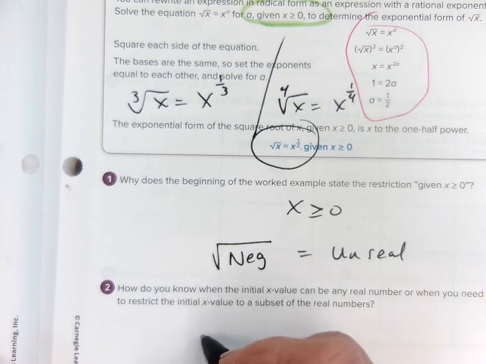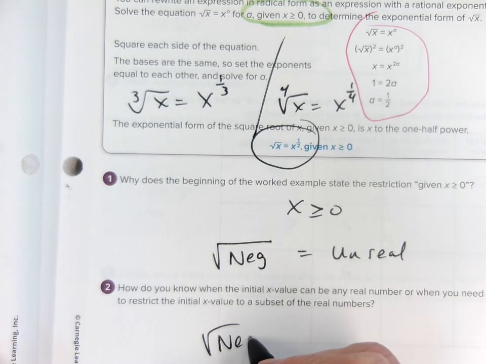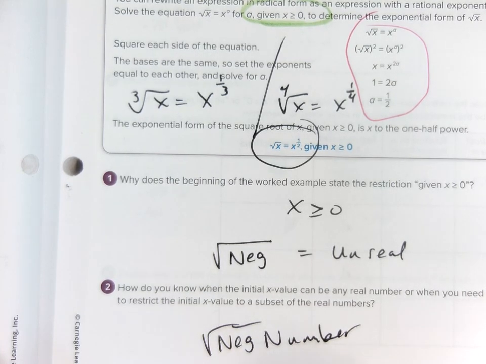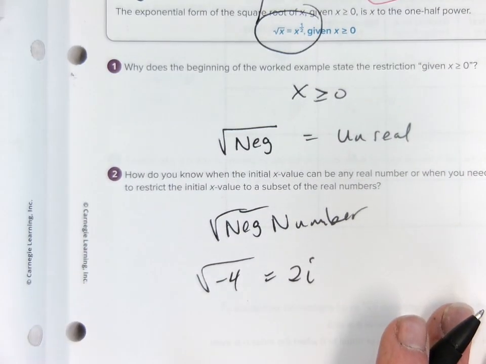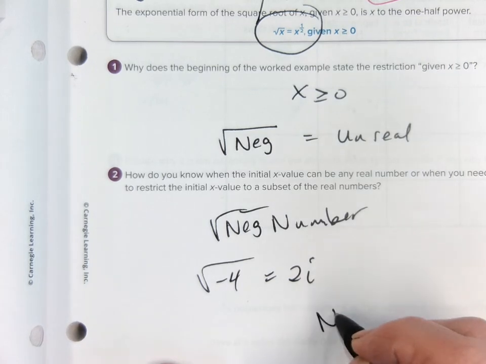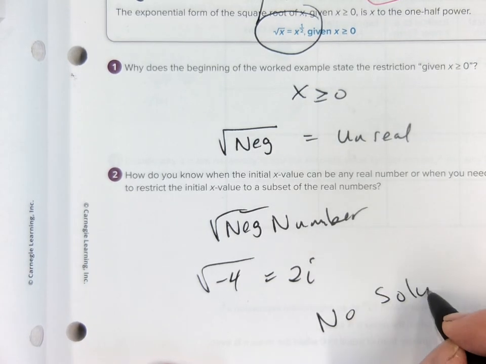If we do have the square root of a negative number, it's going to be an i. For instance, the square root of negative 4 is 2i. That's great, but we're not going to have that answer. For us, there's going to be no solution.